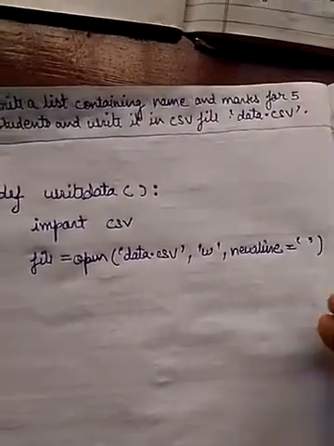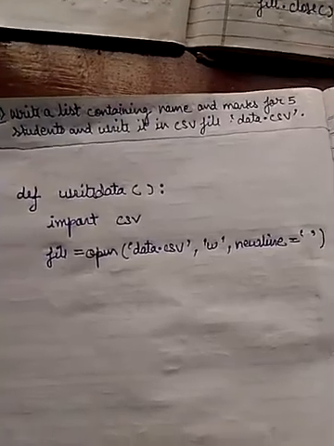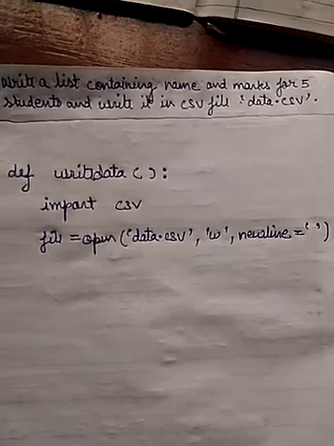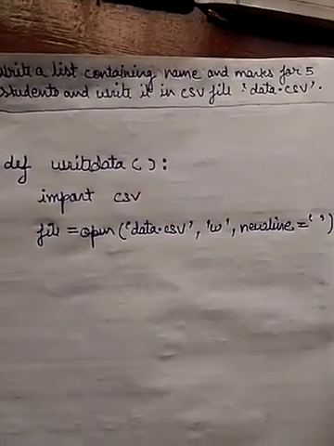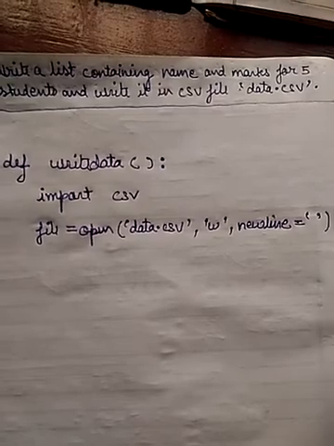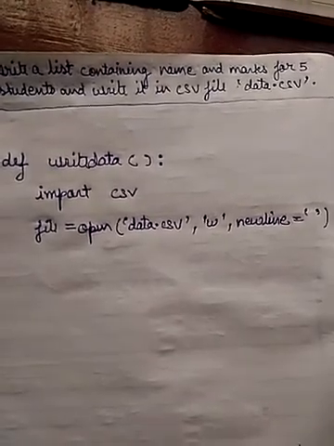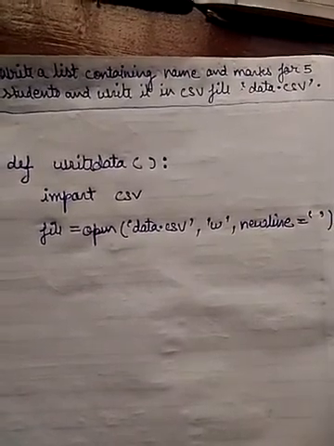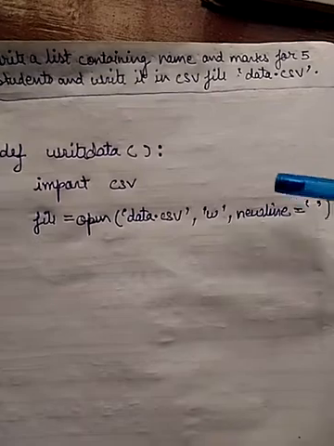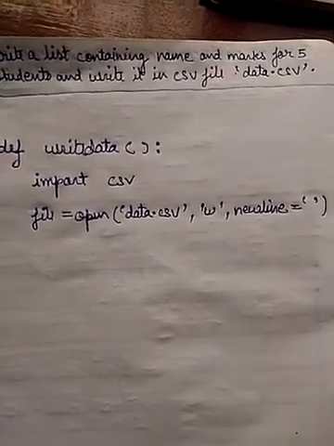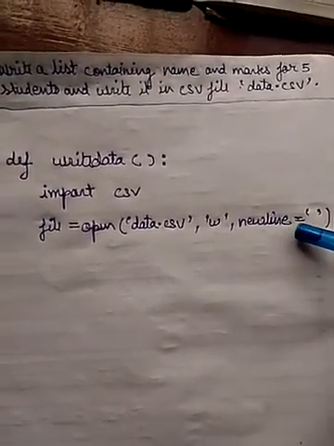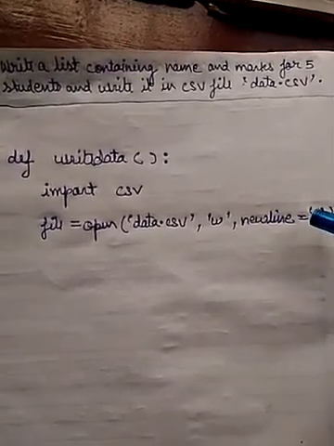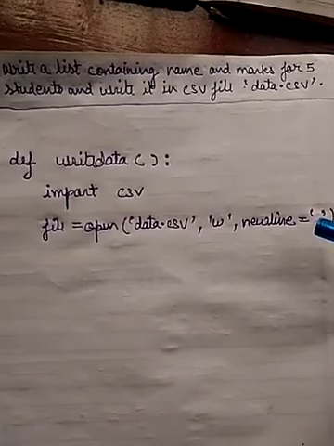It is required to write in the CSV file, because if we do not write this newline parameter, then by default it will take the newline parameter according to the software, according to the platform you are using. So the CSV file can be misinterpreted while reading if you do not write this newline character while writing the file. So remember this, the newline parameter is mandatory to write in the CSV file to avoid illegal reading of the data from the file.